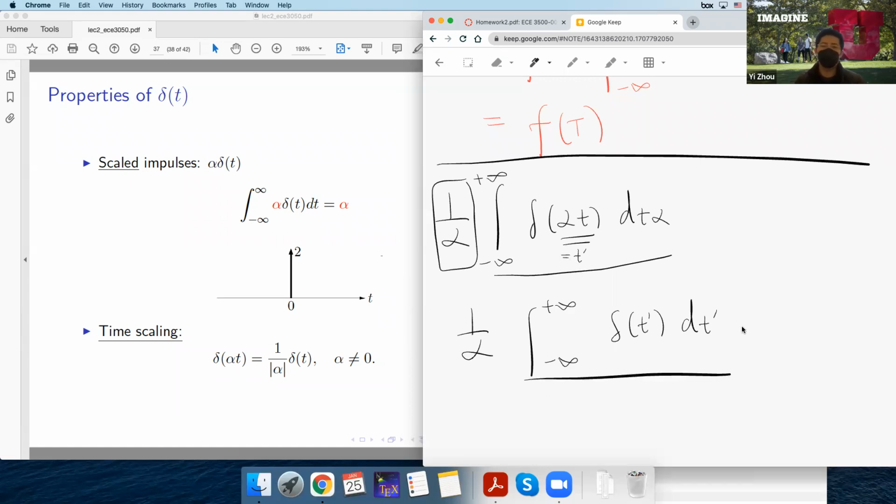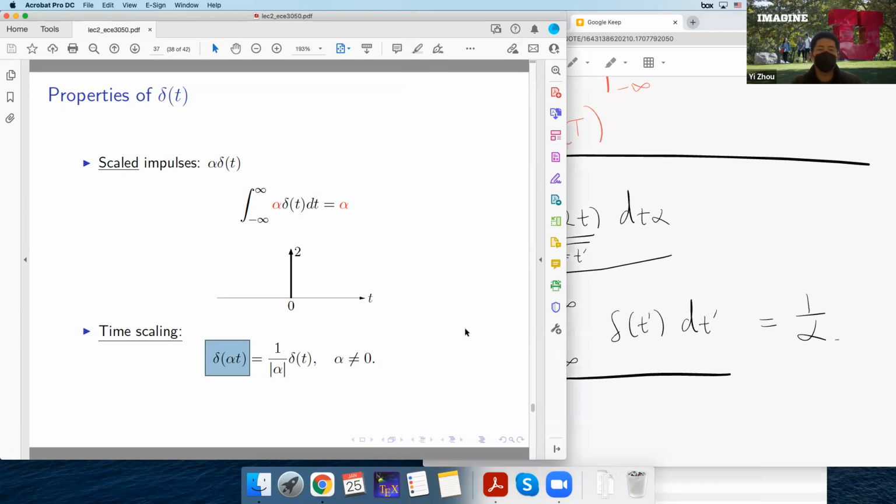And this is 1 based on the definition of delta. Okay, so you see that integrating the left-hand side gives you 1 over alpha. Here I didn't discuss the sign of alpha, but this is equivalent. Therefore, we can just redefine this signal as 1 over alpha times delta t.